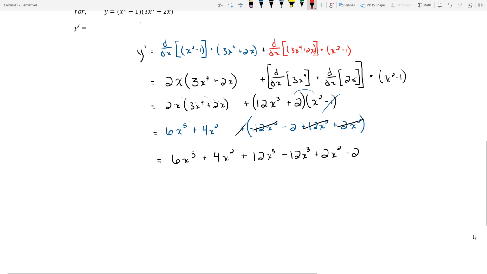And then we'll combine like terms. So we have 6x to the fifth and 12x to the fifth, so we have 18x to the fifth.